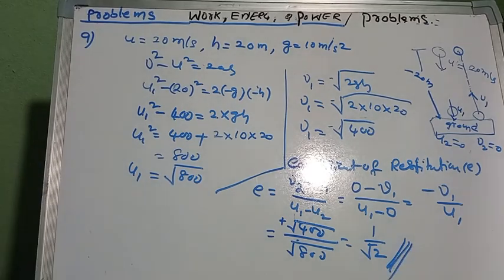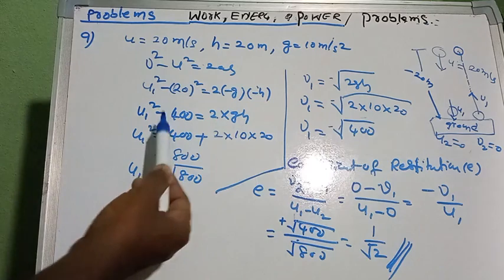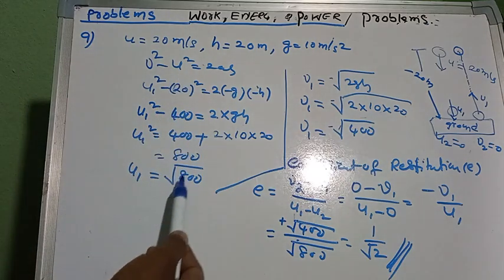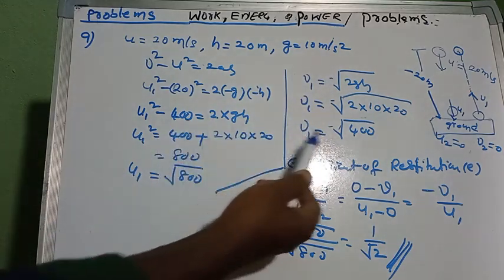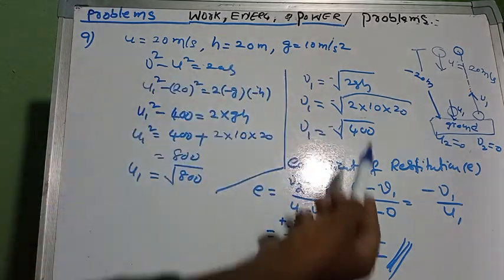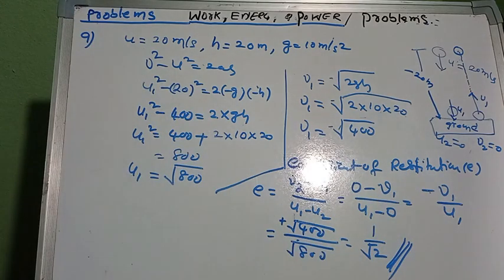This is our answer. So here minus 1 is in the formula, and this one is moving in the downward direction. If it is positive, then it is moving upward, opposite to this one, that's why we got negative here. Then this negative value and this negative both give positive, and that is equal to 1 by root 2.